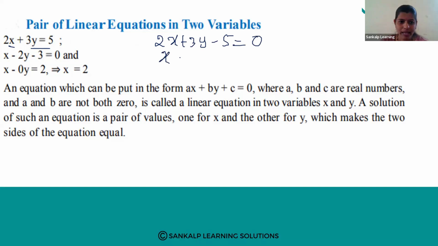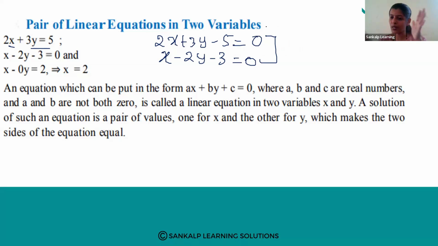Next, x minus 2y minus 3 equal to 0. Now I am writing two equations with two variables and these two equations are linear equations because the variable power is 1 here. Therefore, these two are linear equations. And how many variables does it have? It has two variables. Therefore, we call it a pair of linear equations.